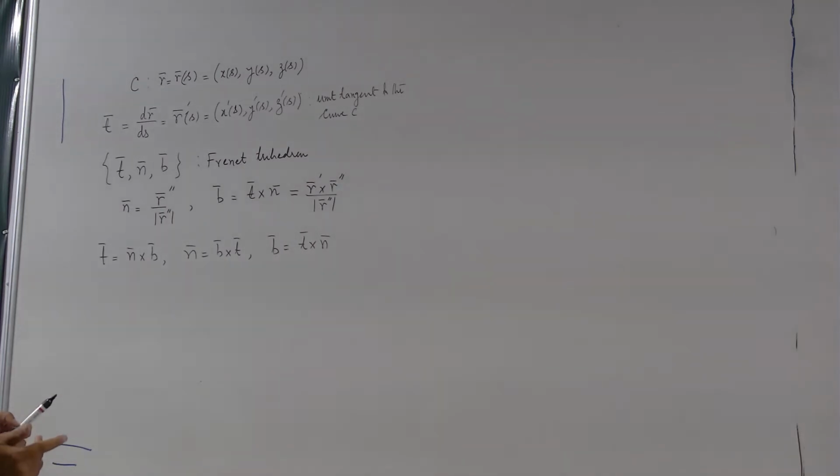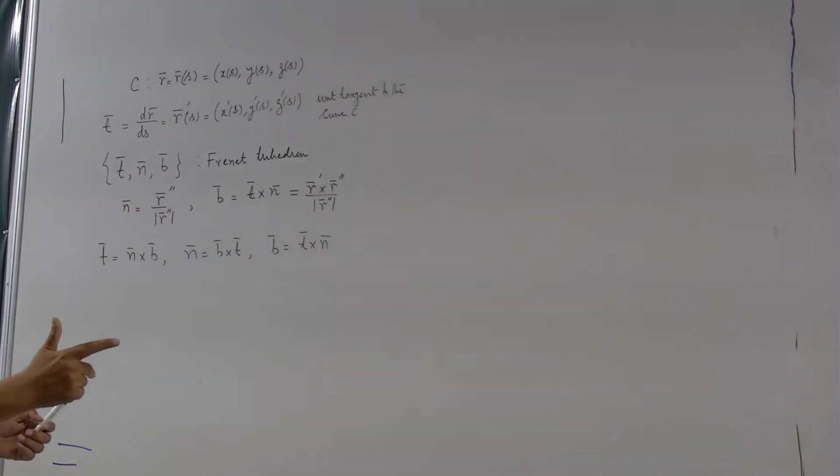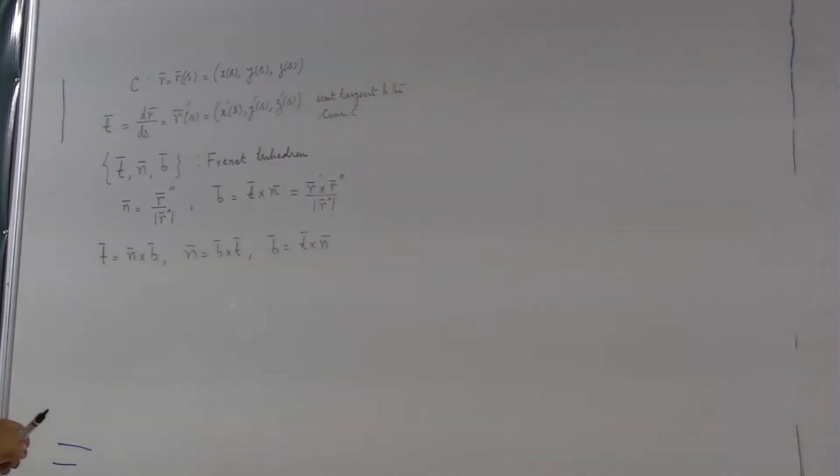So, along the curve you have a system of 3 vectors which are moving with the curve. Their magnitude will remain 1, but their direction changes along the curve. So, whenever I say Frenet trihedron, I mean the moving triplet of 3 vectors T, N and B.